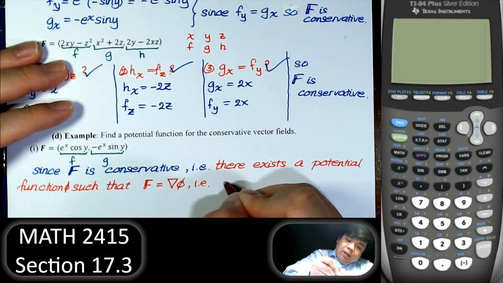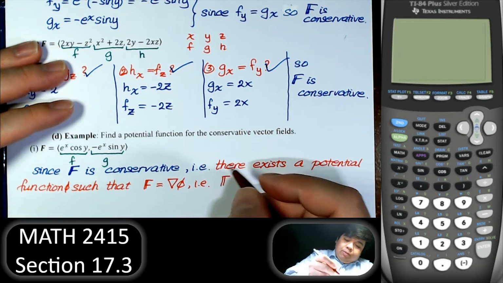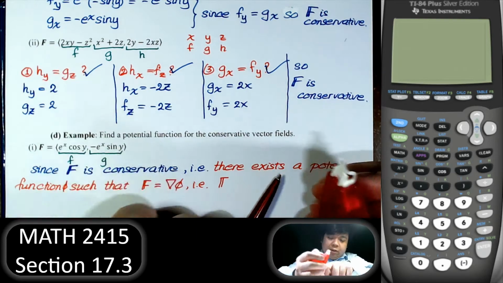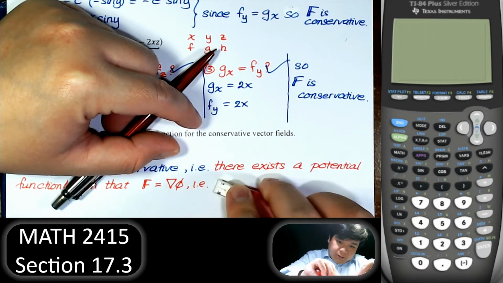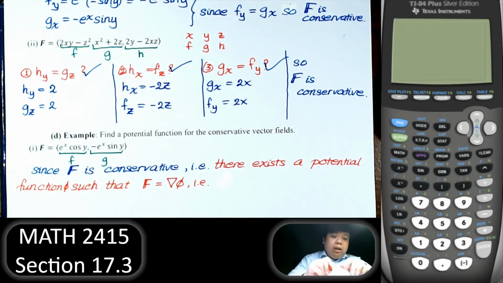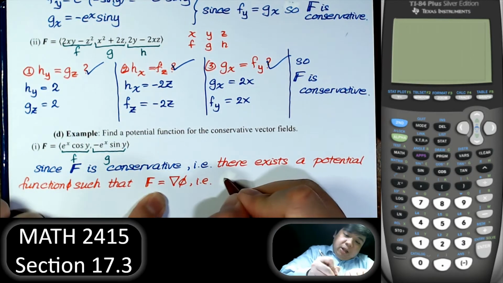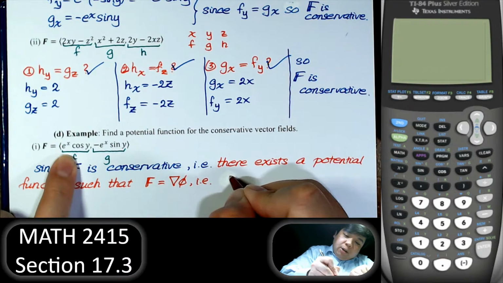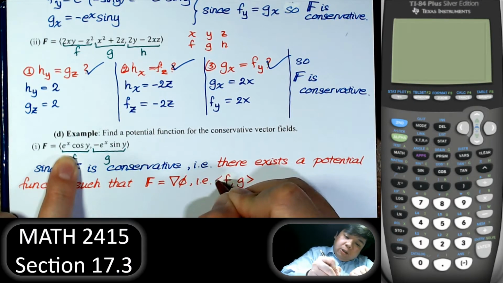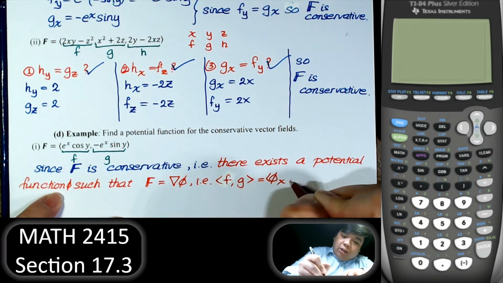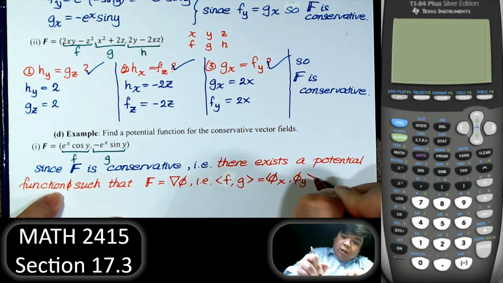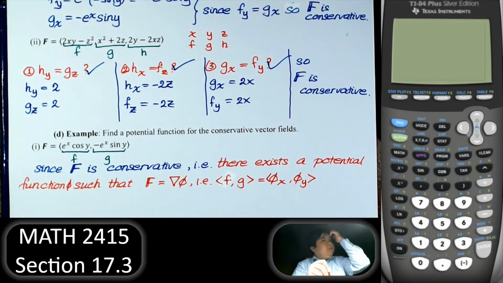meaning that we have the components equal to the partial derivative with respect to x and with respect to y. Right?